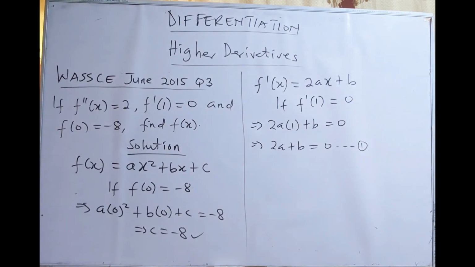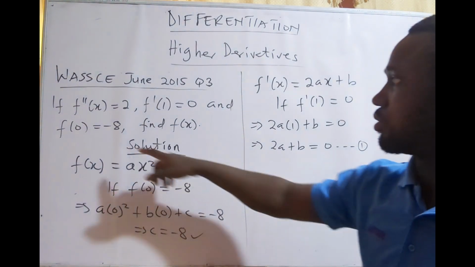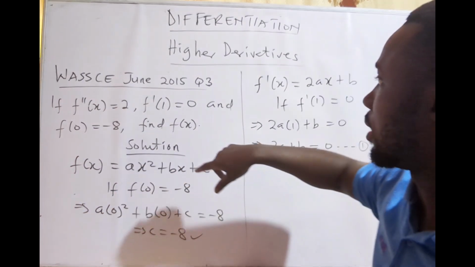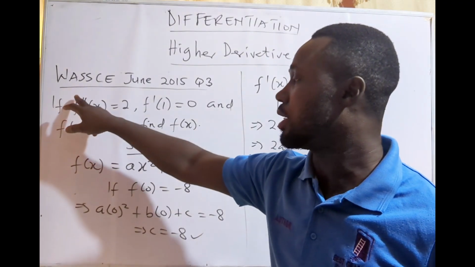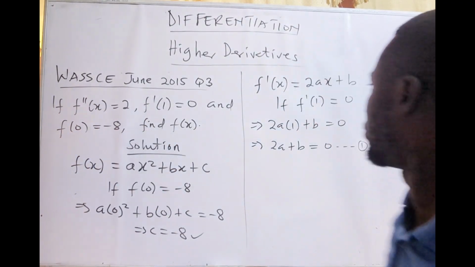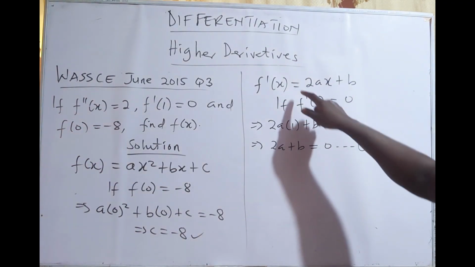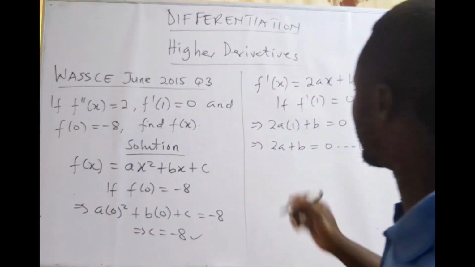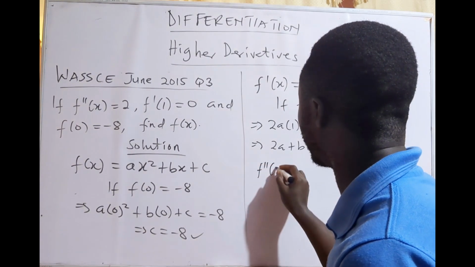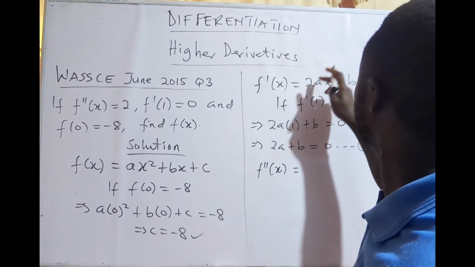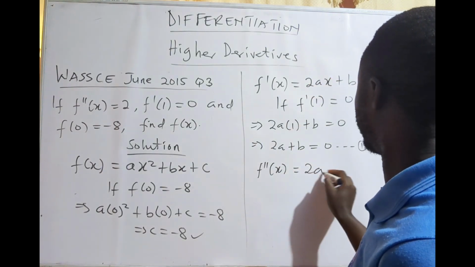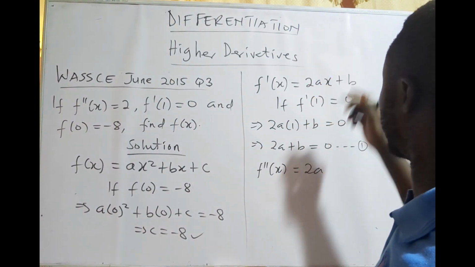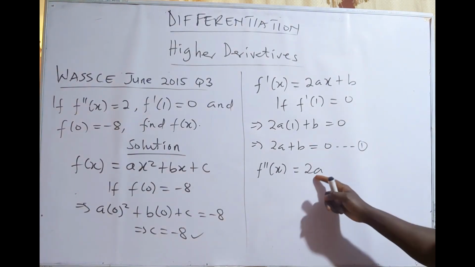Okay, I can further move on to another piece of information: the second derivative is 2. So I'll find the second derivative of the function f of x. The first derivative, 2ax plus b, will give me 2a, and the b will be 0. So that will be 2a.